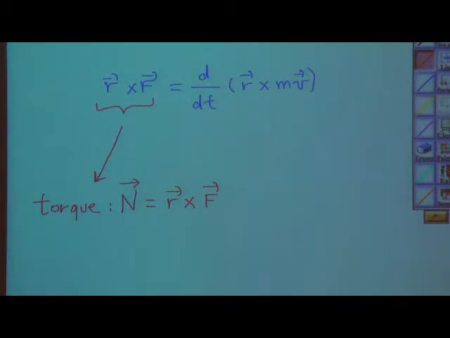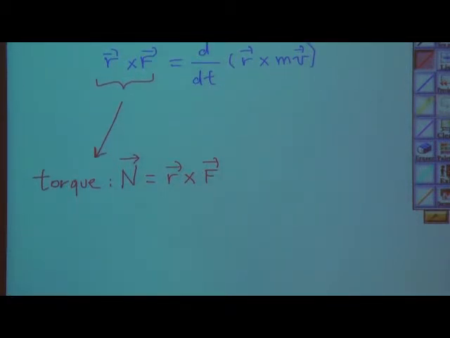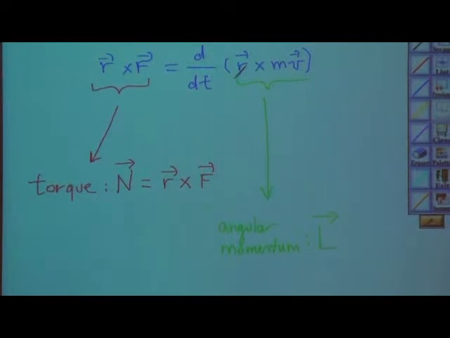And we will define this quantity here as the angular momentum, which is shown with L. It's a vector. Why? Because, again, what you use to obtain it is a vector operation between two vectors.